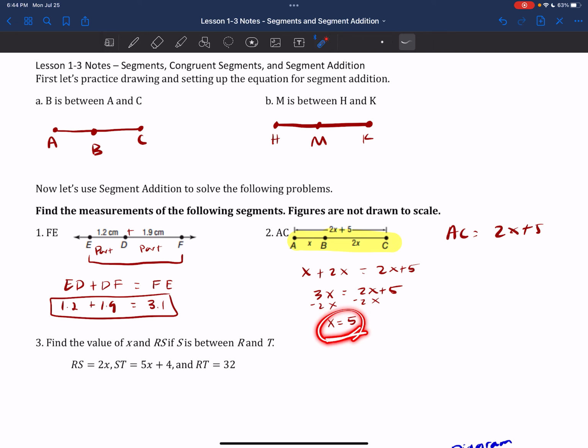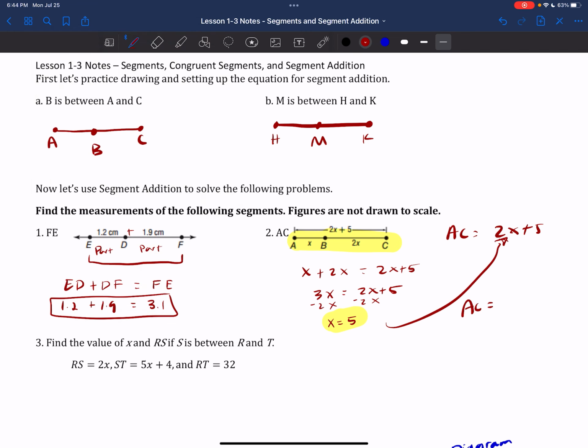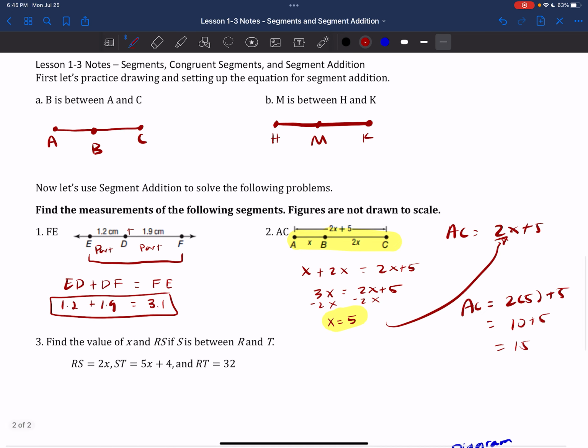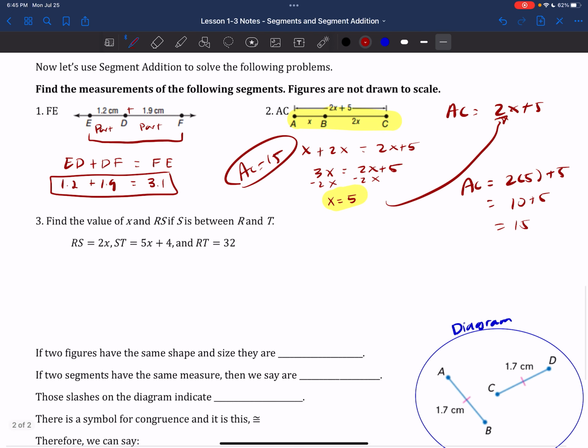Well, if x is equal to 5, then what do I do with this x? I just take this 5 and plug it into that expression. So I have AC is equal to 2 times 5 plus 5, and then I just do the math. I have 2 times 5, which is 10, and then 10 plus 5 is 15. What does this mean? Well, AC is 15. Okay? And that's your answer.